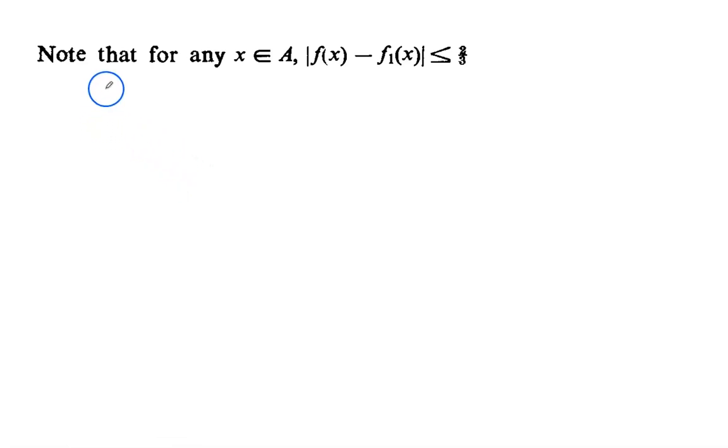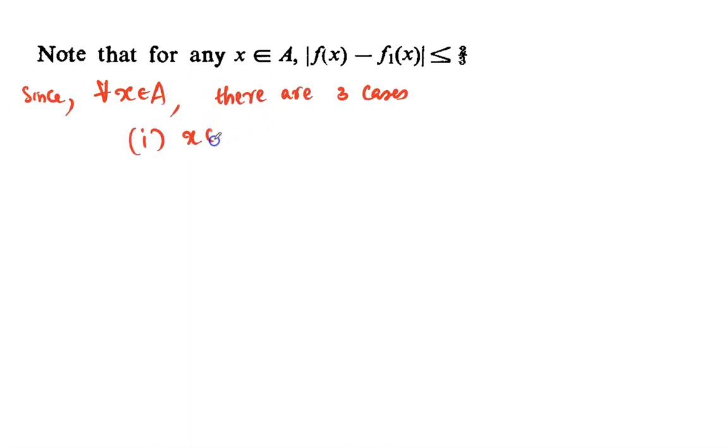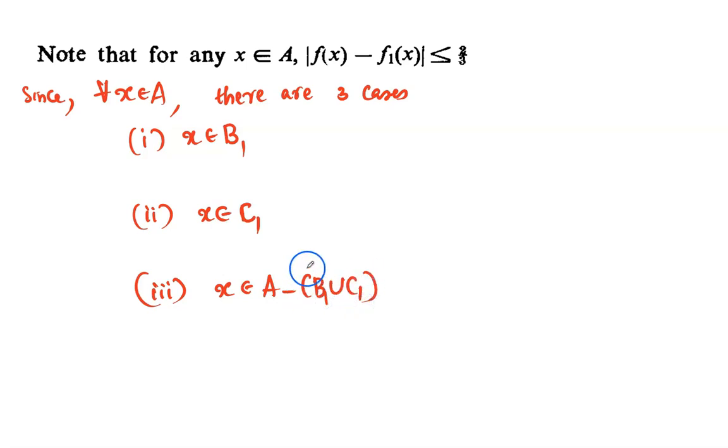Since if we take any x element of A, there are three possibilities. First possibility is that x may be a member of B1. There is another possibility that x belongs to C1. And the third possibility is that x is a member of A minus B1 union C1.